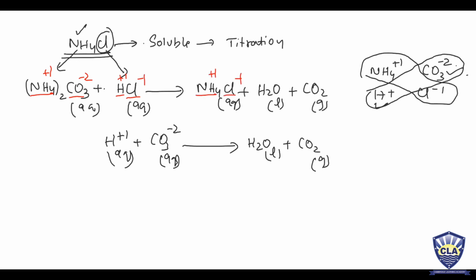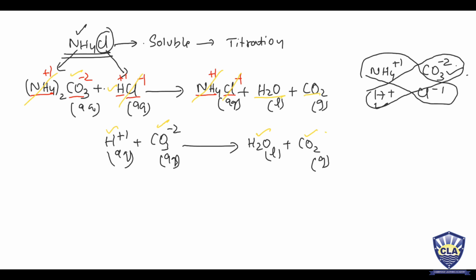Now cut the same ions. Cl with Cl, NH4 plus with NH4 plus. So the net ionic equation is 2H plus 1 plus CO3 minus 2 gives H2O liquid plus CO2 gas.